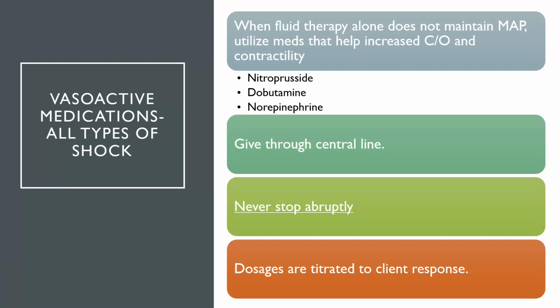So if we are giving them fluids and we're not seeing any changes, we need to work on our heart, getting it to have better contractility so it's pumping the oxygenated blood out. We give those through a central line. We're never going to stop them abruptly, and doses are going to be titrated to how the client is responding.